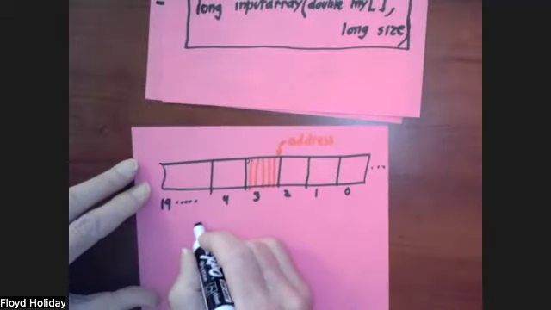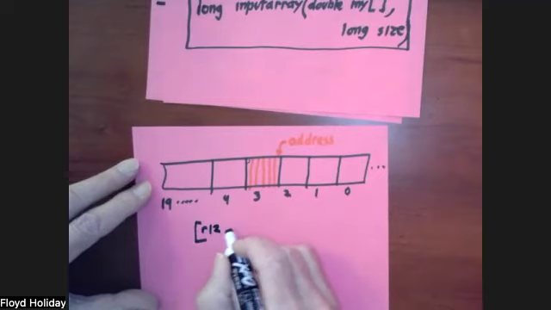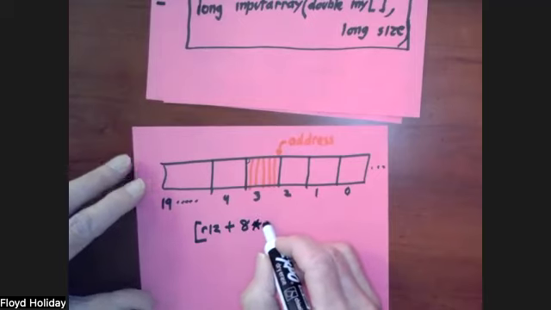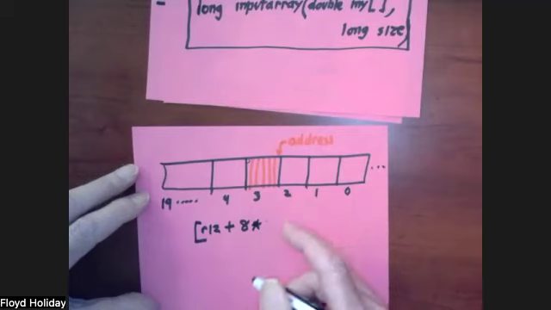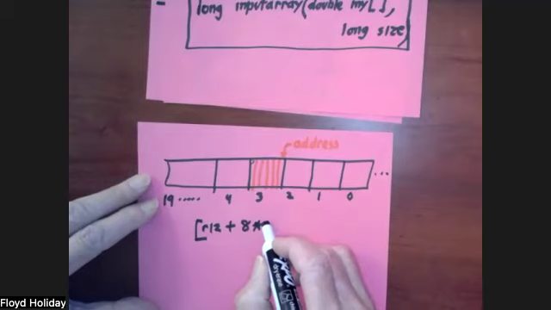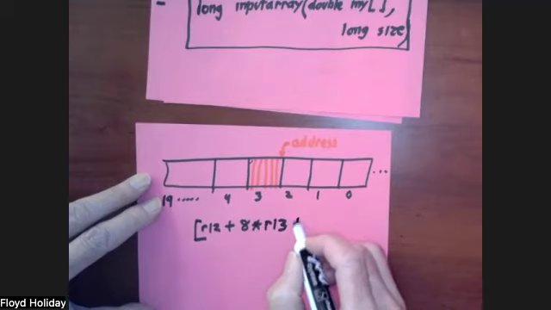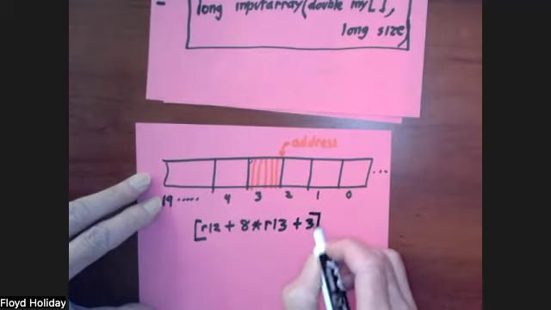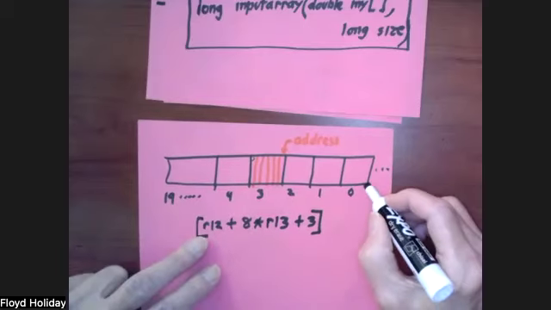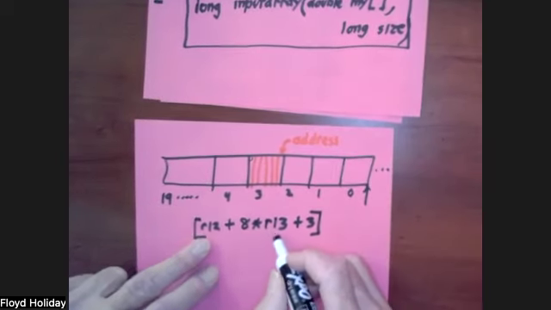So R12 plus 8 times, we need the index register. What did I use before? We'll use the next one, R13, plus 3. That's 1 byte. It starts here, and well, we don't know what's in R13.